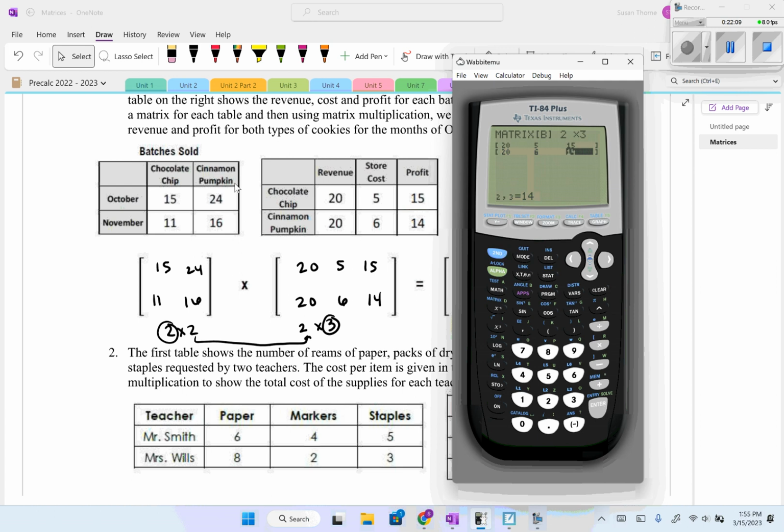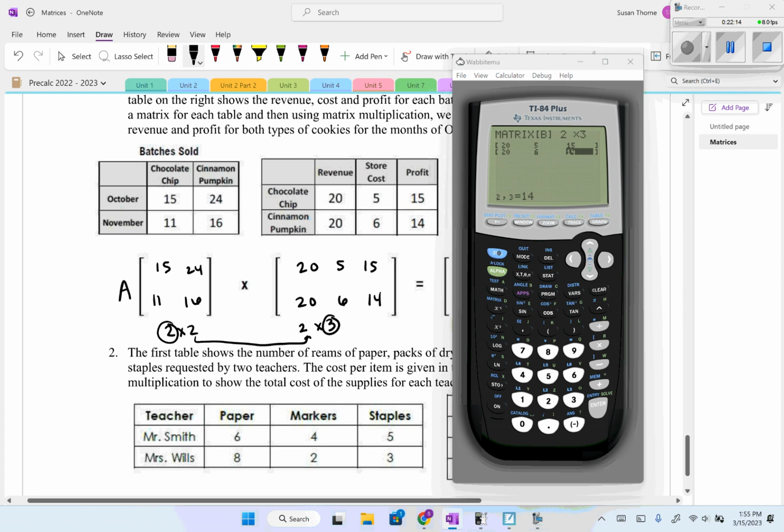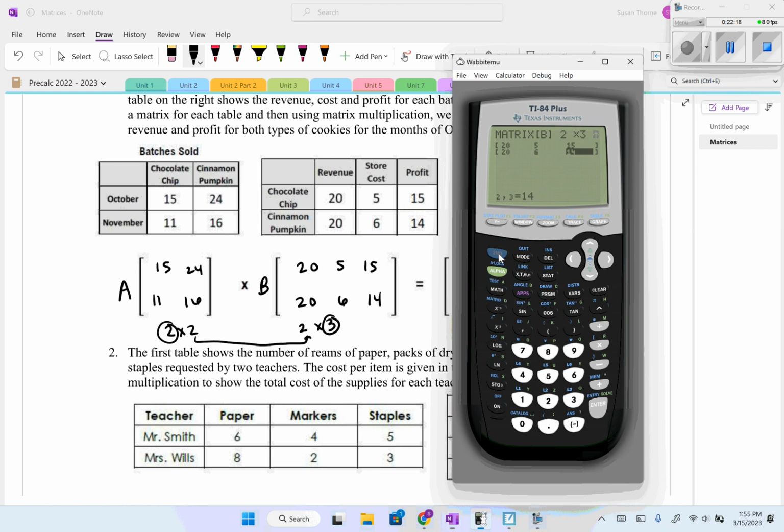And now we are multiplying that first matrix A, because we put this one in as matrix A, and I put this one in as matrix B. So a lot of times it's helpful to write that down so you don't forget. So now we are naming the matrix. C is not in there. All right, so we're doing matrix A times matrix B.